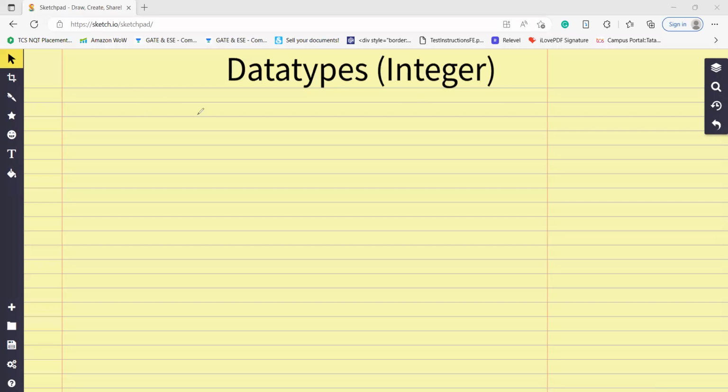So let's start. First of all, there's one data type that is called numeric data type, which contains all types of numbers, whether it is a whole number or a decimal number.